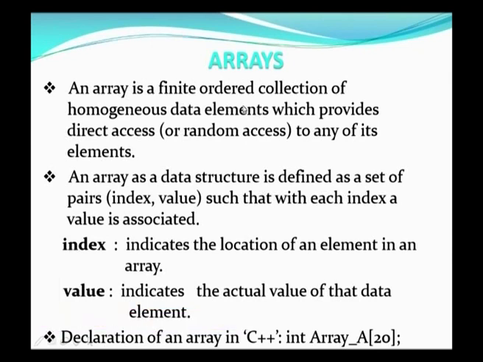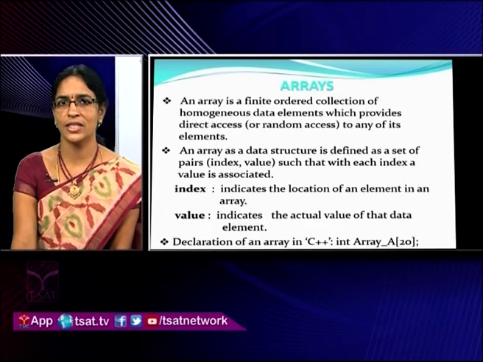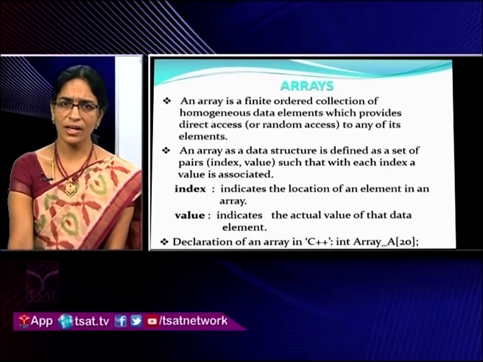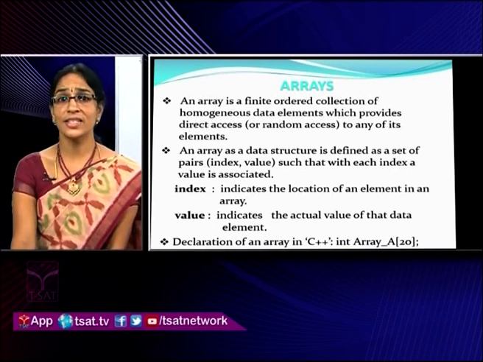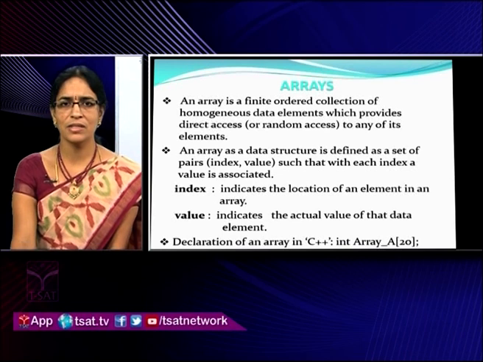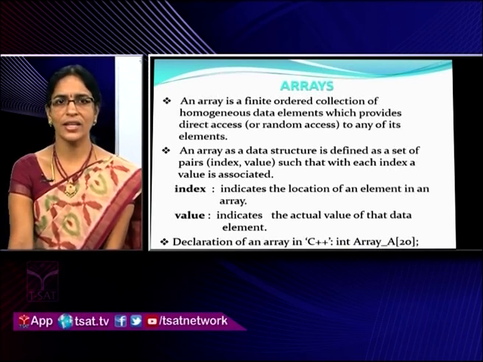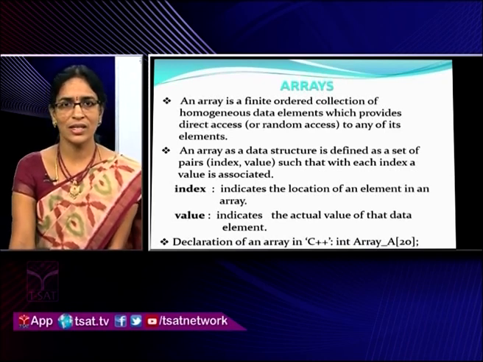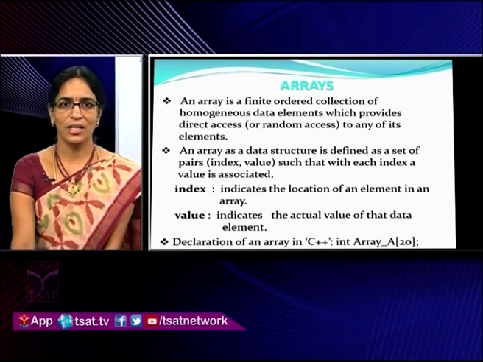Finite ordered collection means fixed size, so first of all we have to specify the size of the array. Homogeneous means similar data elements, for example student roll numbers or hall ticket numbers. All those 100 students' hall ticket numbers are the same data type, so they are homogeneous data elements.